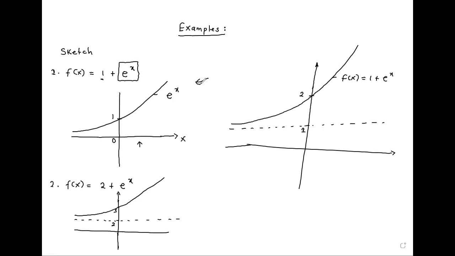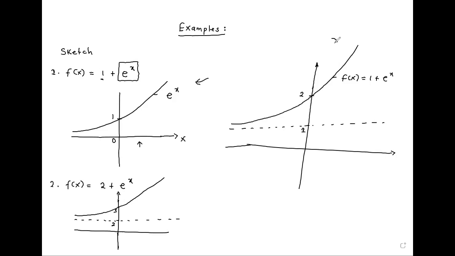Sir, what's the number where the graph is passing there? Is it 3 or 4? It's 3. Why 3, not 4? Isn't the graph shifting 2 units? 2 units, yes. But which graph?